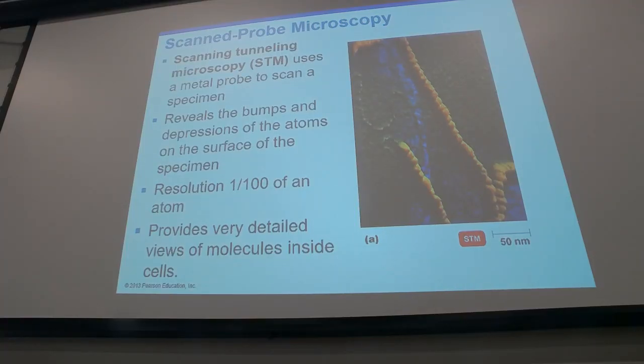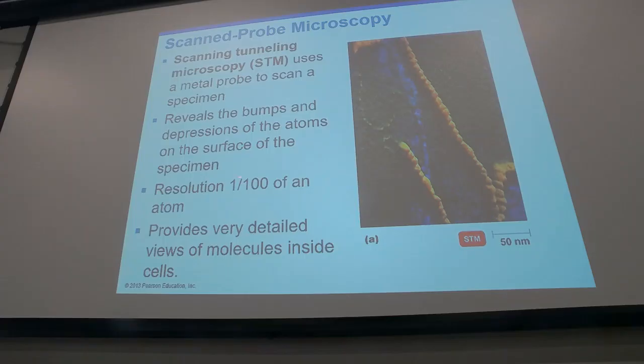Now we have scanning probe microscopy, like in the case of the scanning tunneling microscope, or STM. You have a metal probe, it can be tungsten, for instance, and that goes over the surface of the object and reveals the topography if you have bumps or depressions in this surface.